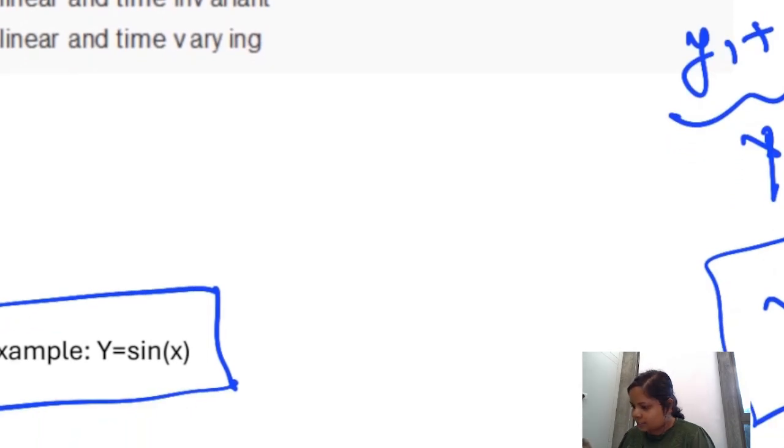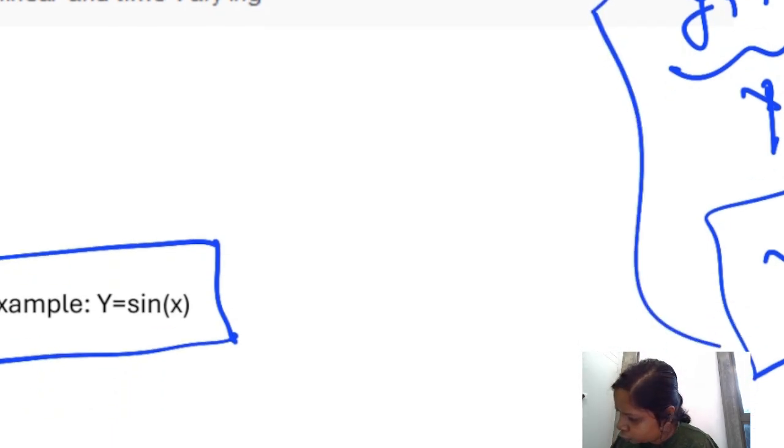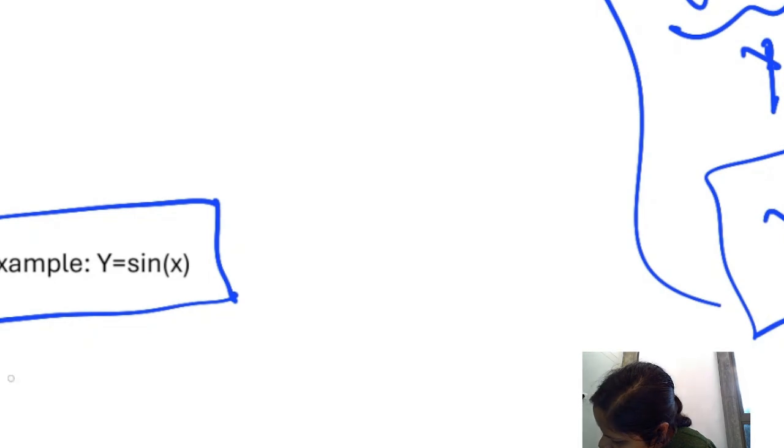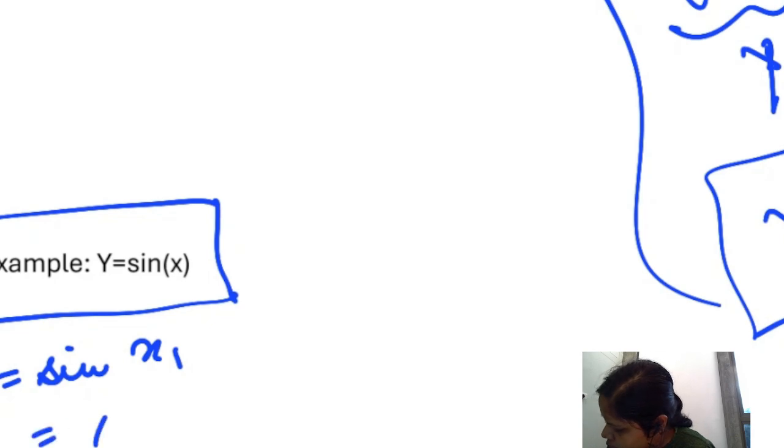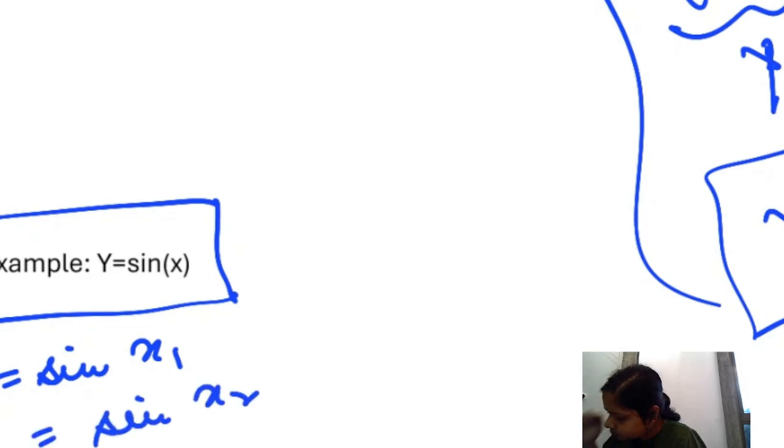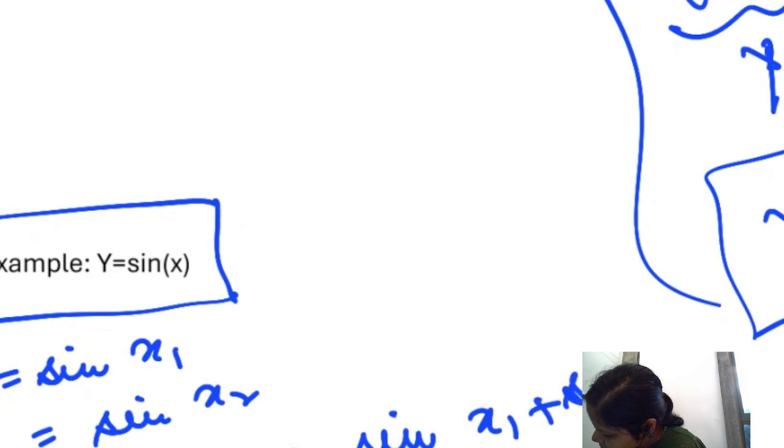Now, why is this a non-linear system? Because if you apply the same thing here, what you would get is y1 is equal to sine of x1, y2 is equal to sine of x2. Now, if you do y1 plus y2, you will get sine x1 plus sine x2, and what you actually wanted was sine of x1 plus x2.